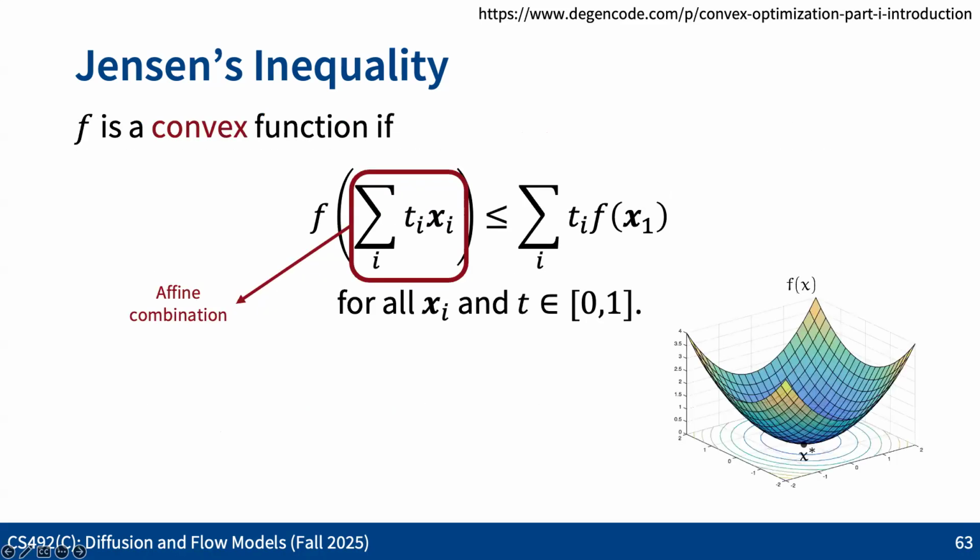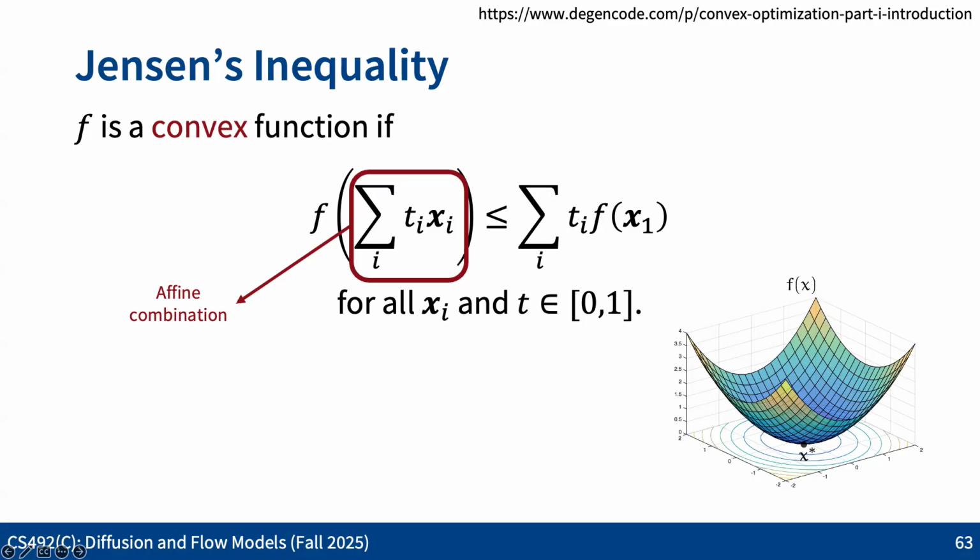The only difference is that now we have a probability for each data point, given any PDF. So it's simply replacing t with the probability for any probability distribution defined over the space. In that case, the definition of the convex function goes the same way, right?